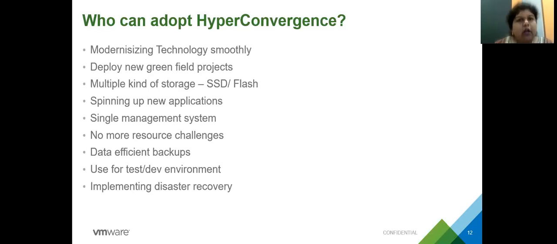And like how we discussed in the beginning about software-defined data center, all the things required for an SDDC to function properly is all adapted by hyperconverged infrastructure. So if at all you're going for something new, it has to be HCI.